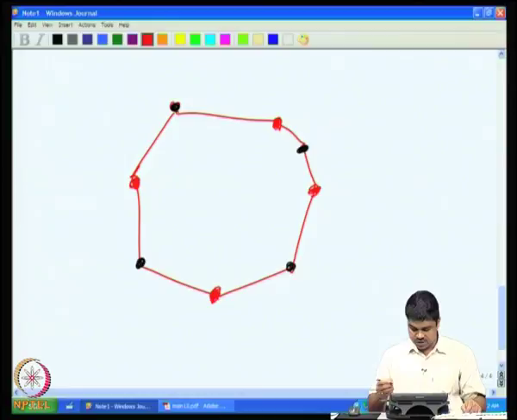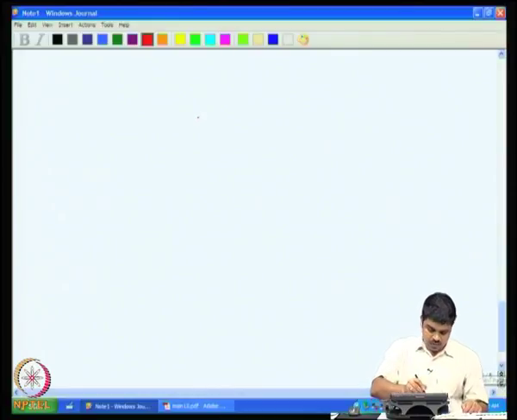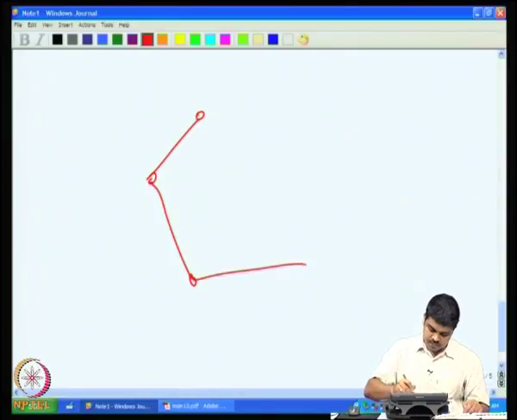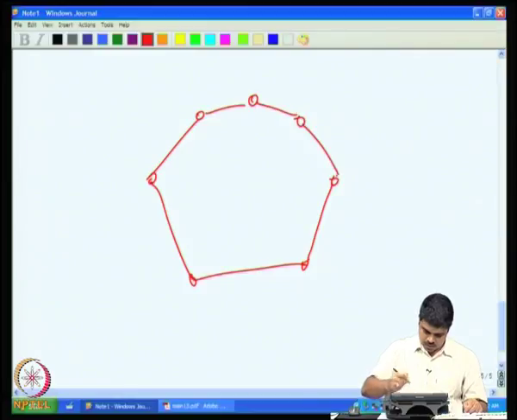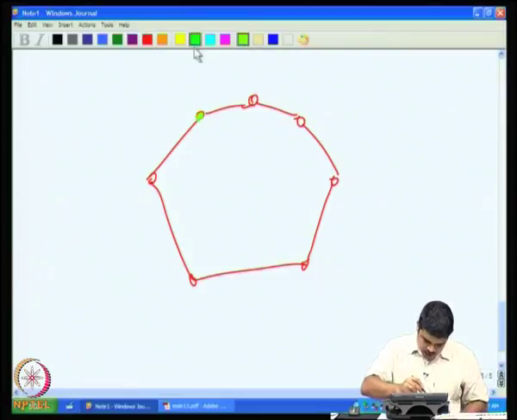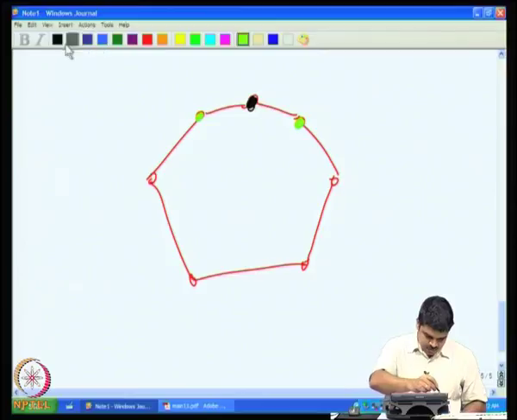And what about an odd cycle? An odd cycle may be like this. You can try to color like I did in the last case: this one, this one, and this one.